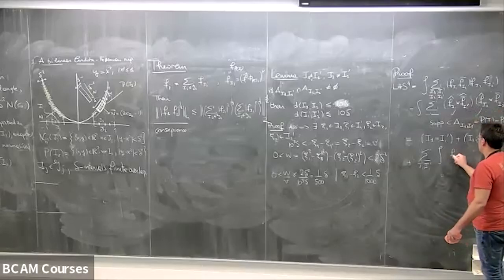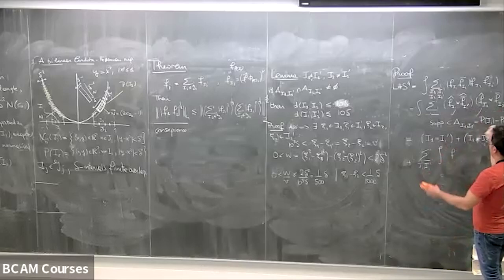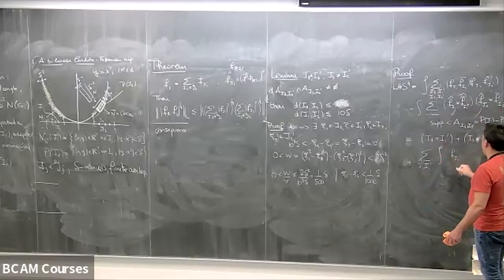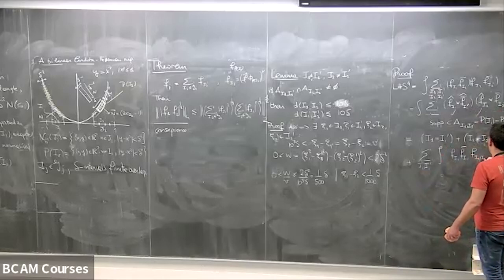Okay. So what you get is, by removing the convolution again, Fi1 conjugate, Fi2 of I1, Fi2 prime of I1 prime conjugate.